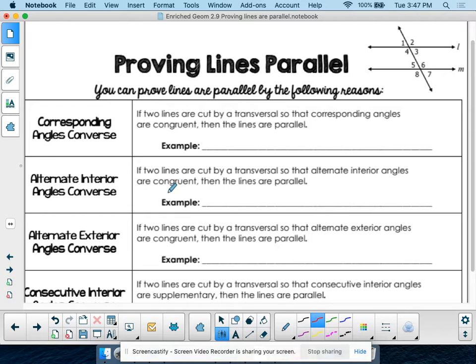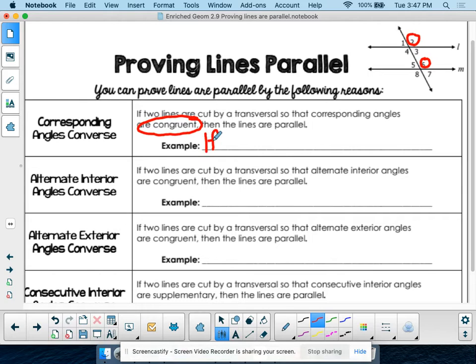The first one is the corresponding angles converse. If we have corresponding angles that are congruent, then we have lines that are parallel. Let's pick an example. Let's say we have angle 2 and 6. Those are corresponding, right?